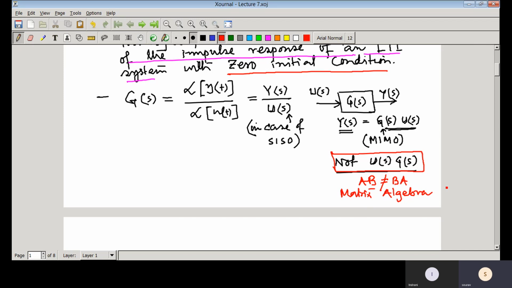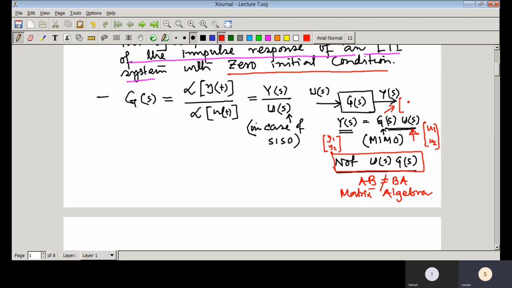U(s) is a vector, because if it is a multi-input multi-output system, suppose U(s) has two inputs U1 and U2, and G(s) is a transfer function matrix, and if Y(s) is Y1, Y2, say 2 cross 1, then what is the dimension of G(s)?